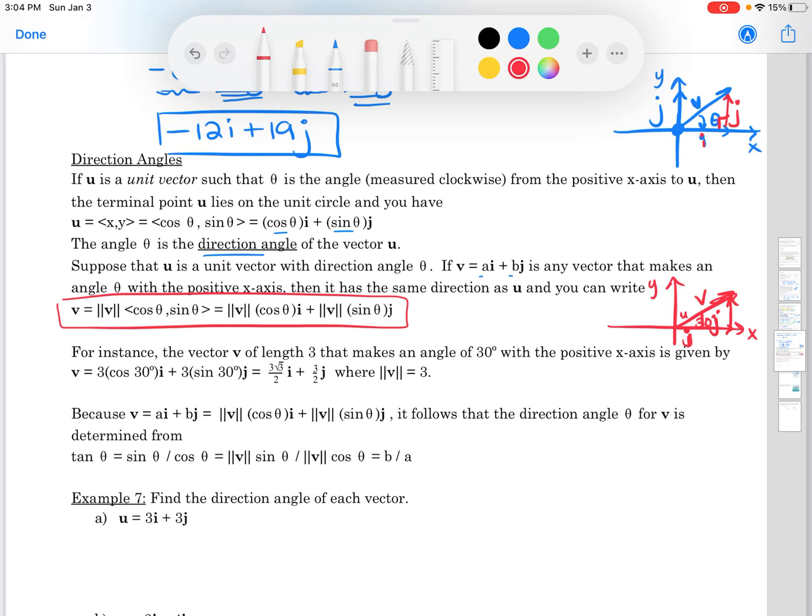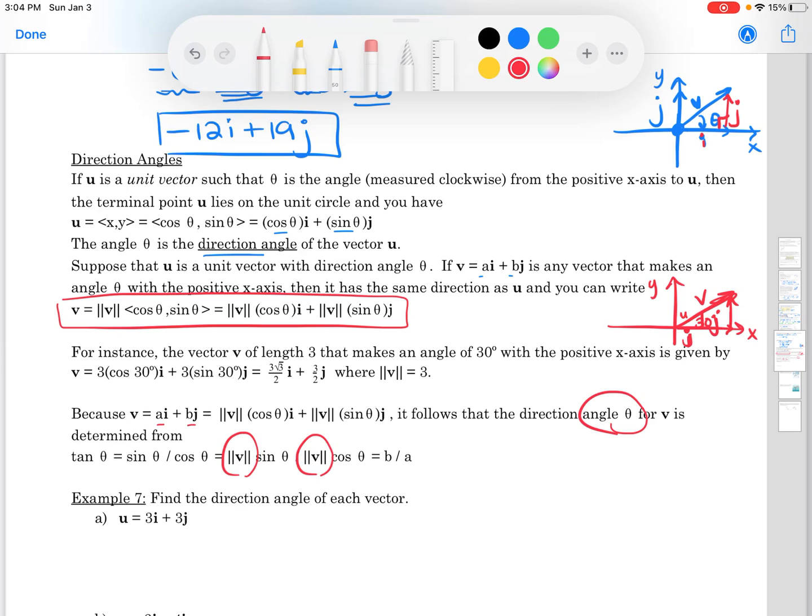All right, so v is going to be equal to ai plus bj, and it gives us this formula. We can get our angle by doing the tangent. We know that tangent is sine over cosine, so we can put in what we do know, and we're just putting that scalar in there to make our triangle longer.